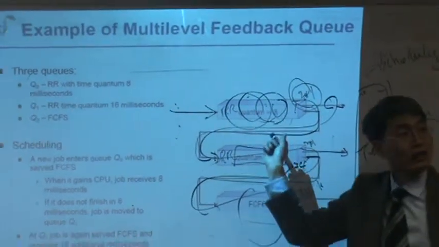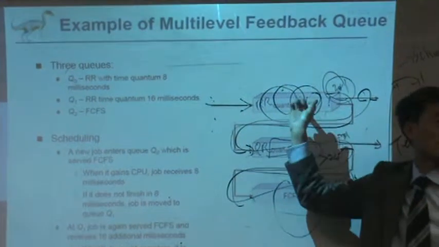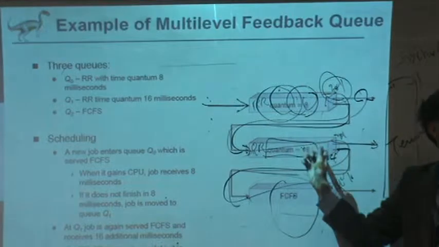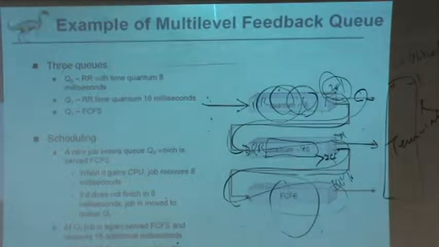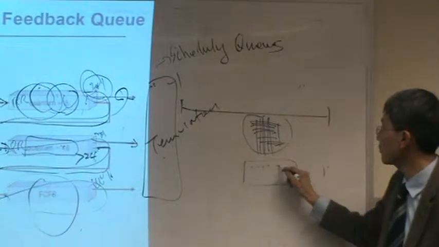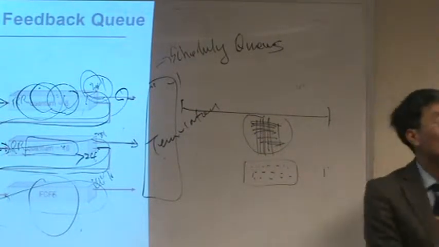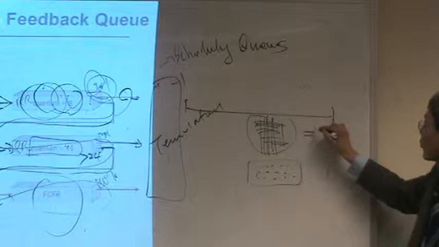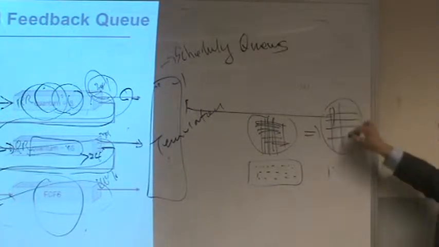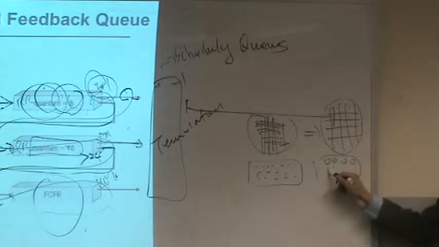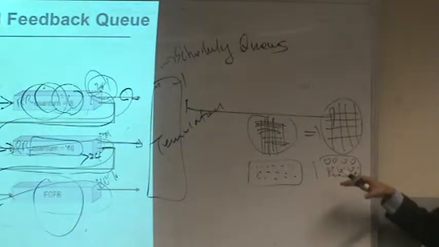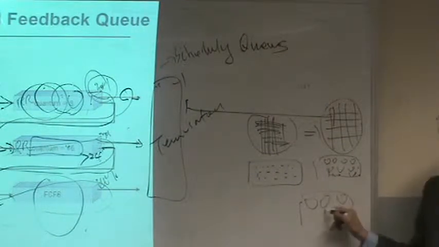The top queue usually has the shortest time quantum, then it increases, because it works like a very fine filter. At the bottom you will have the fine grains, the sand, for example. Then next we have a little bit larger.